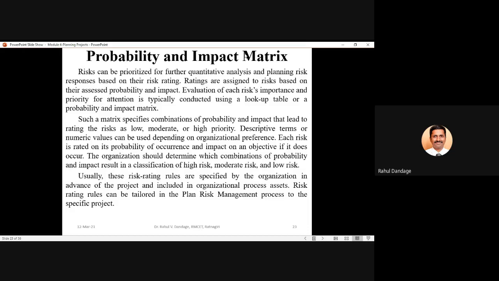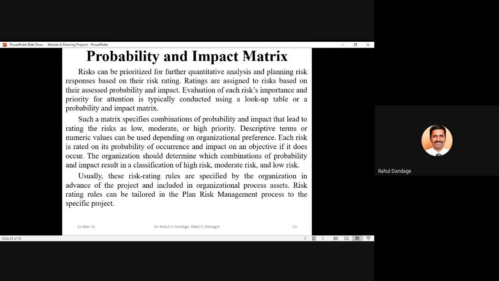So once the risks have been listed and entered in this probability impact matrix, you can classify them as low priority, moderate priority or high priority risks depending upon their place in the matrix. In the next slide, we'll try to understand this probability impact matrix in visual format, and how it is prepared.